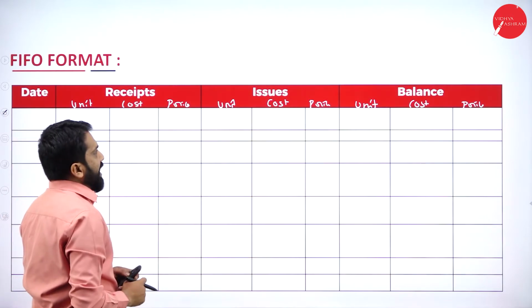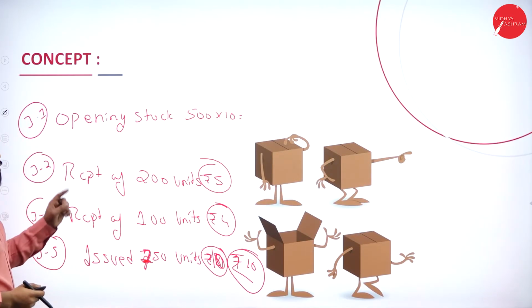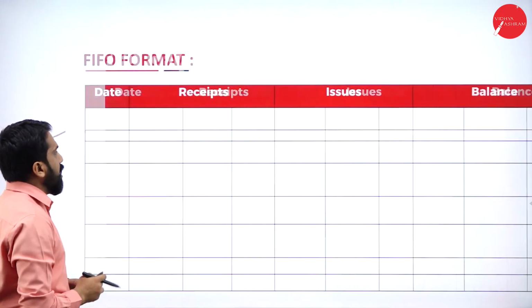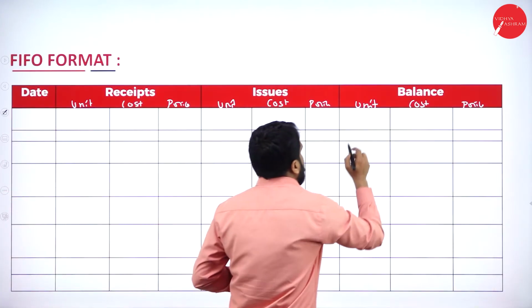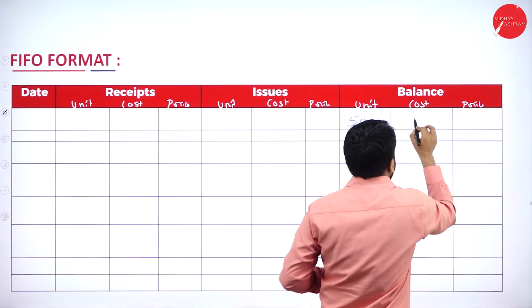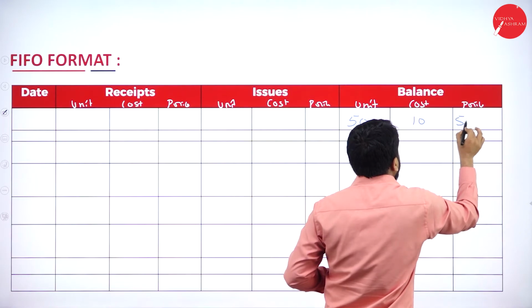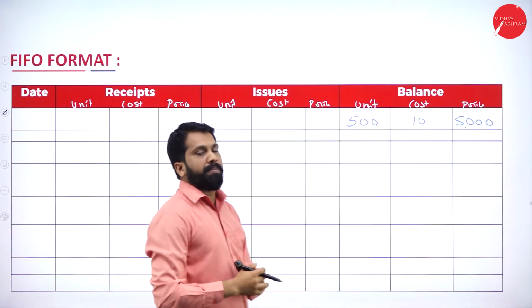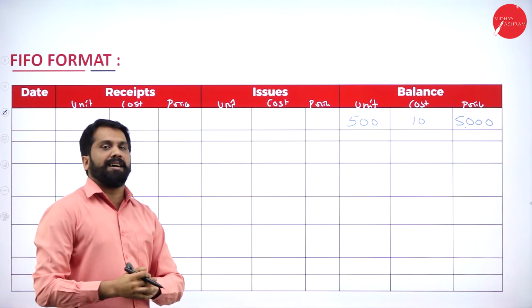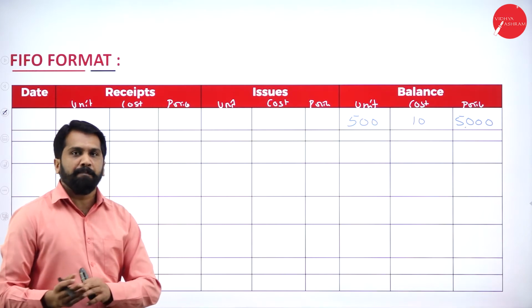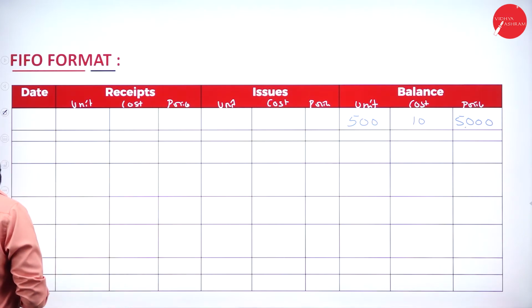Now in this balance column, how much is given? 500 units at rupees 10 per unit. Now directly your balance, number of units 500, cost per unit 10. Your final answer is 5000. Any doubt up to this? No. Easy or very easy? It is very easy. Now we'll go for the next one.